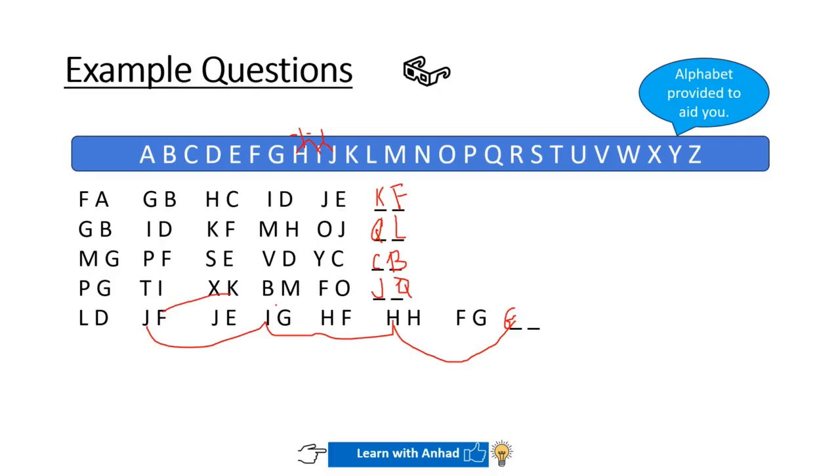So then F to G would be, one second. Okay, yeah. F to G would be plus 1. Sorry about that. And then G to H would be plus 1. Okay, yeah, sorry. G to H would be plus 1. And then H plus 1 would be I, right?